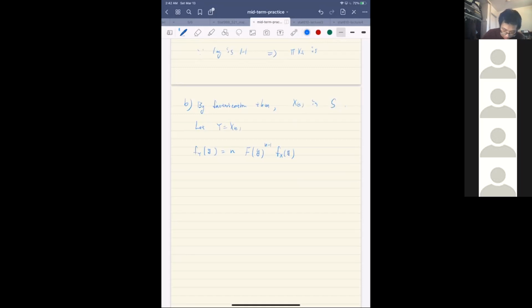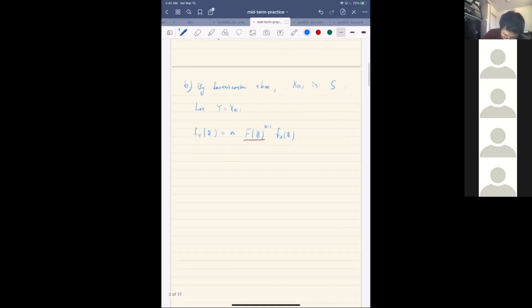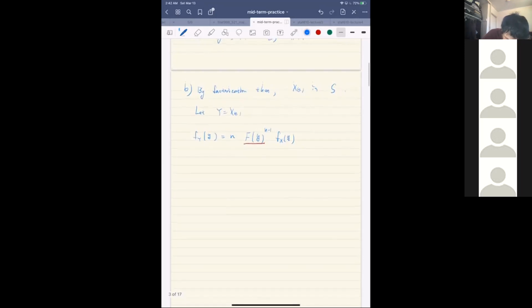So we only have to find the CDF of y. First, find the distribution of y.